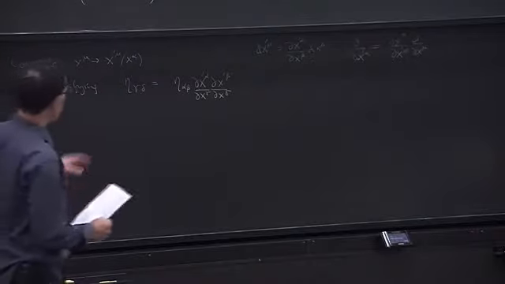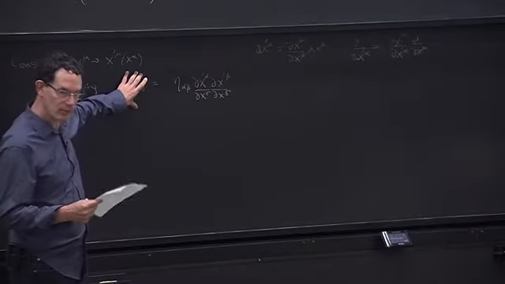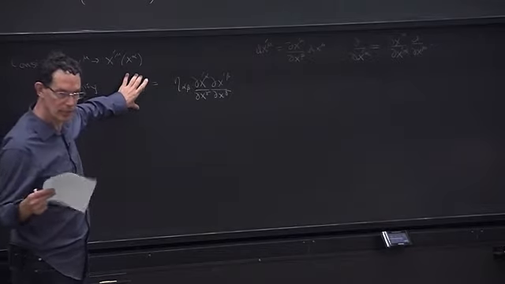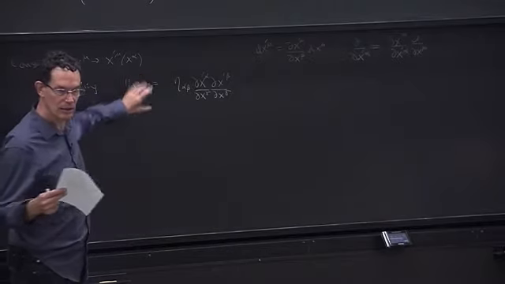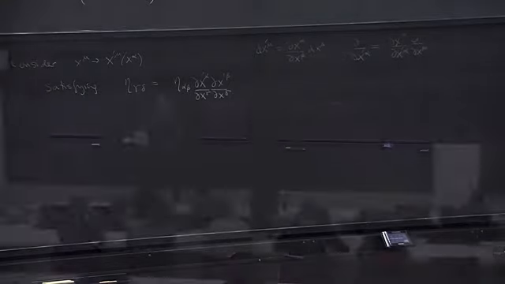And what I want for my eta, if I want my Maxwell's equations to be valid in any coordinate system, is eta prime equals eta. Right? I want the transformation of eta to leave eta unchanged.